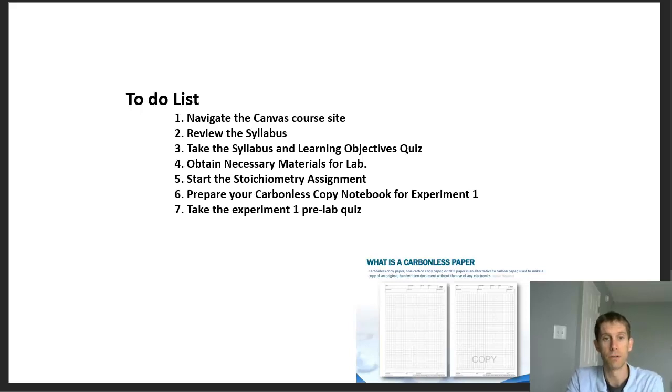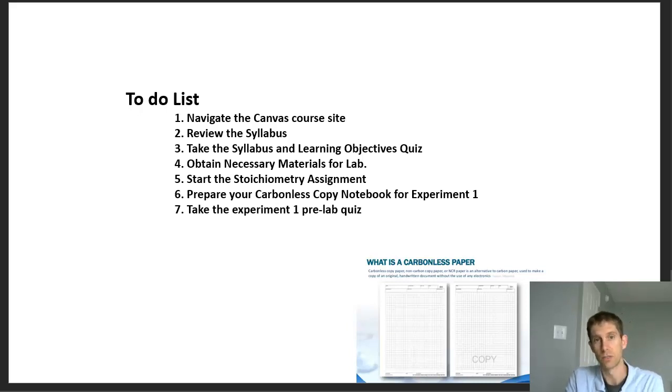And then after you watch this video and do both of those two first items, you should take the syllabus learning objectives quiz. We'll look at that on the Canvas site, but you'll have to take that independently. And then the next would be obtain the necessary materials for lab. So that specifically consists of the Chem 241 EWorkbook, as well as a potential YouTube subscription so you can watch my videos and other videos ad-free during this summer semester.